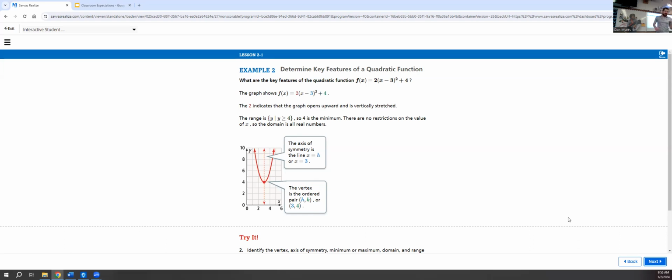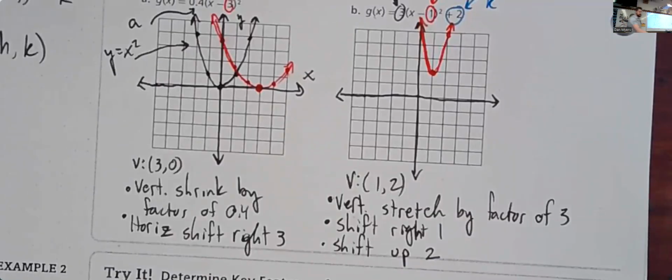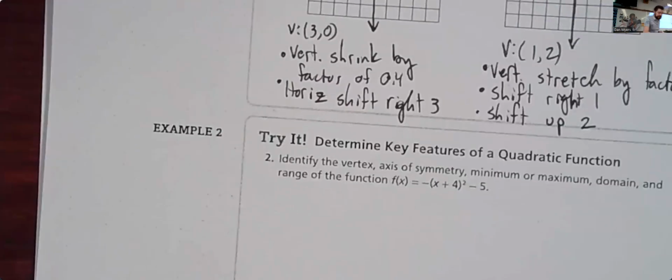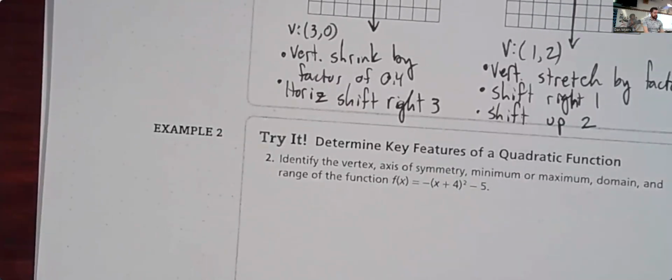So a couple things I want you to write in on your notes off to the left. I'm going to fill some things in here. Okay. So back to our notes off to the left here. We know our vertex is (h, k).